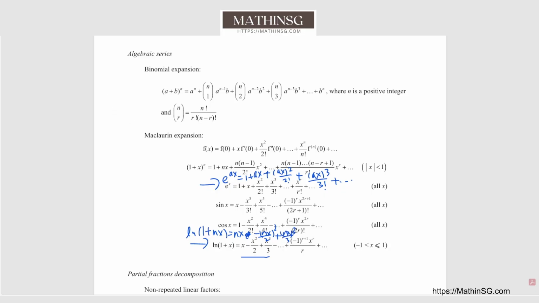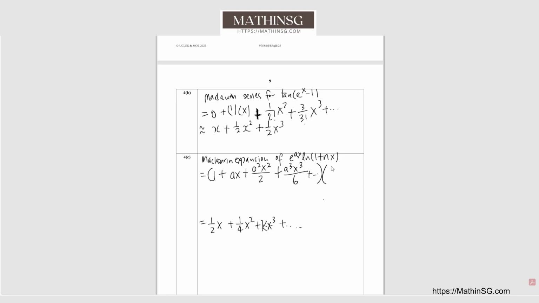So I have nx minus n squared x squared over 2 plus n cubed x cubed over 3 plus and so on.